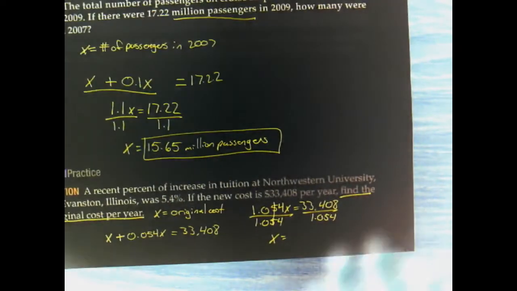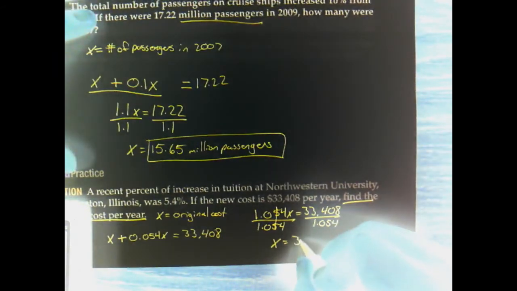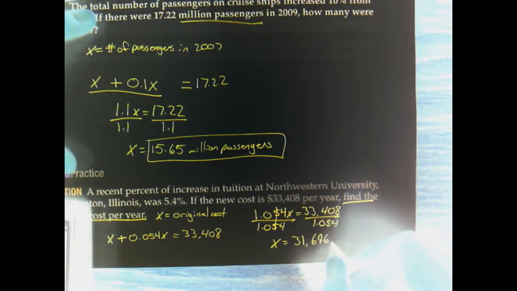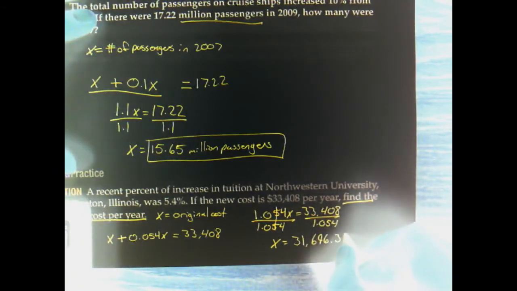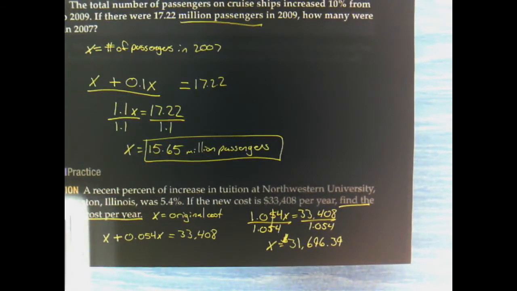Type it in here, 33,408 divided by 1.054. We should get $31,696.39. Okay. And that is our original amount.